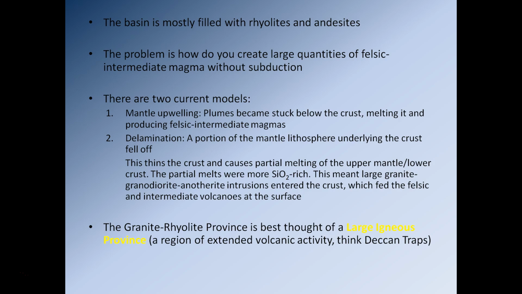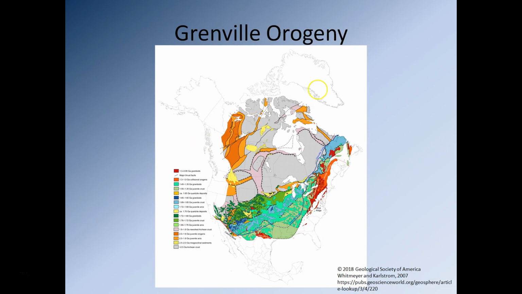So both of these models essentially, to some degree, explain what we see. The one thing is that the Granite-Rhyolite province, as you can see, is a very, very large area. So a mantle upwelling, like Hawaii or like Yellowstone, could in theory produce quite large quantities of rhyolitic and andesitic volcanics.